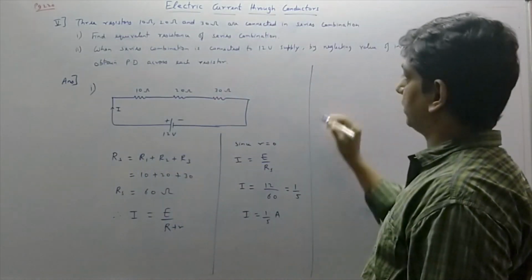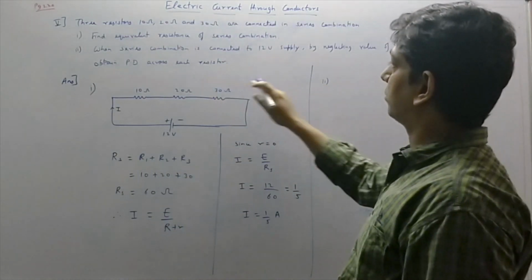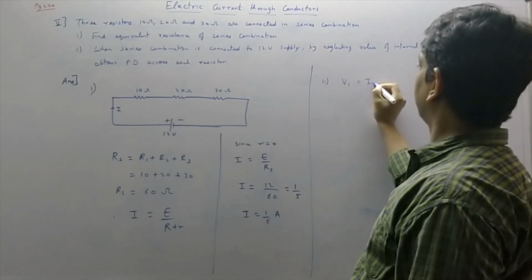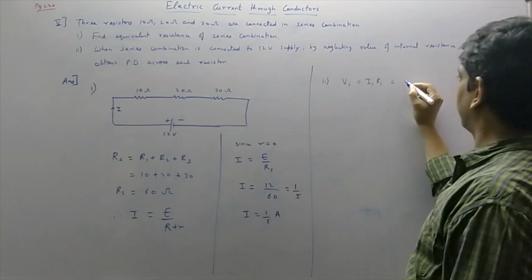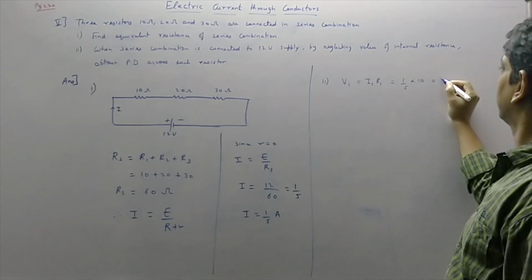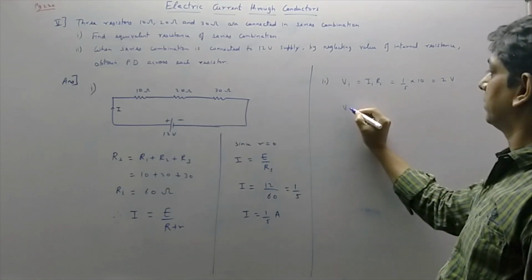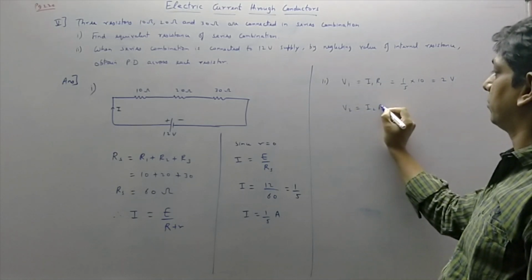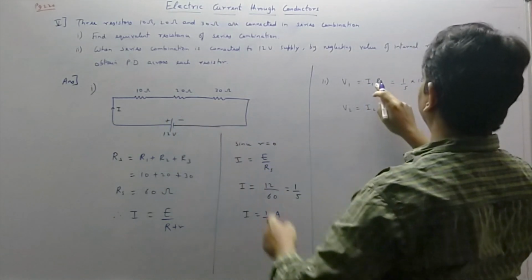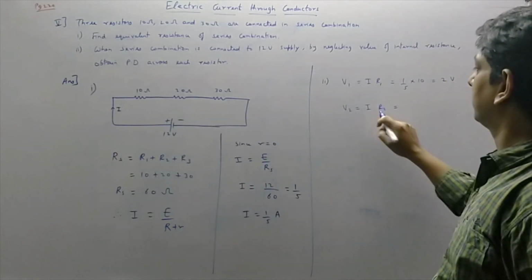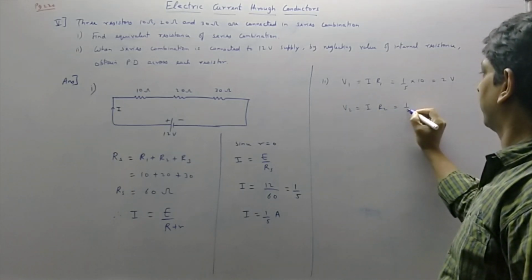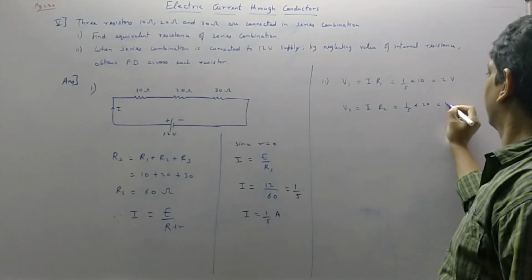What we need now is the second part, the potential drop across these resistances. V1 is I1 R1, where I is 1 upon 5 into 10, which gives 2 volts across V1. Then V2 is I R2, the current being the same, 1 upon 5 into 20, that is 4 volts.